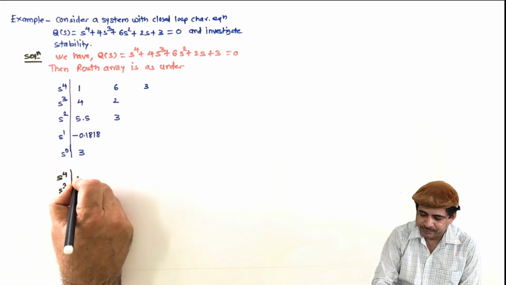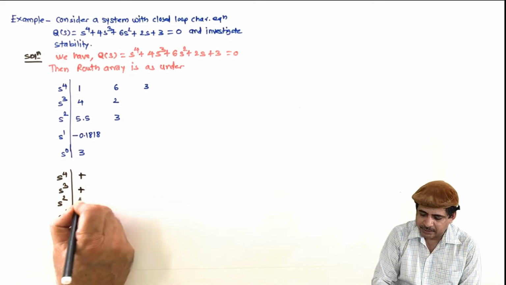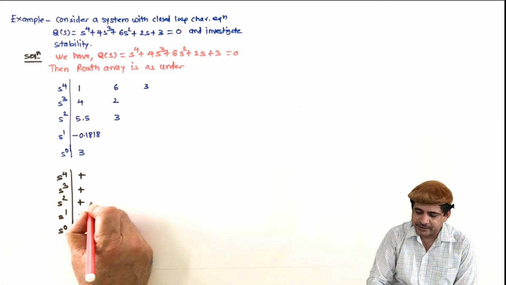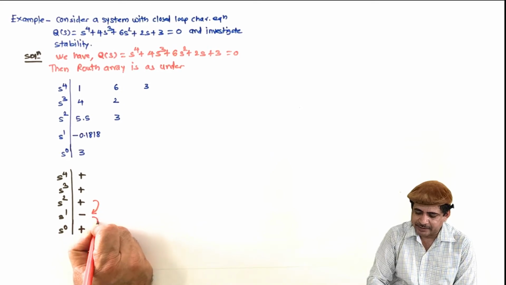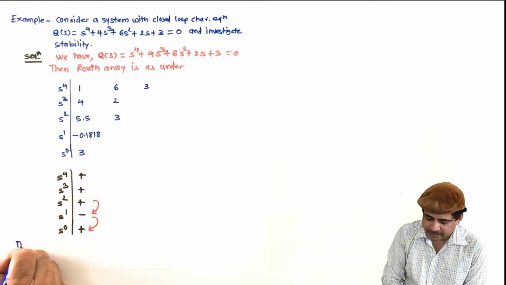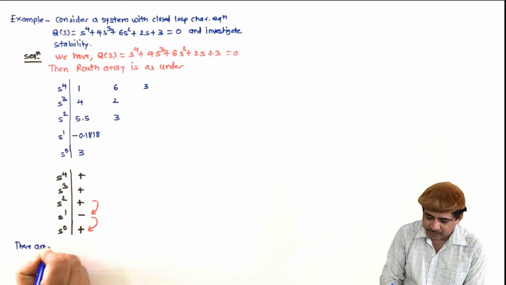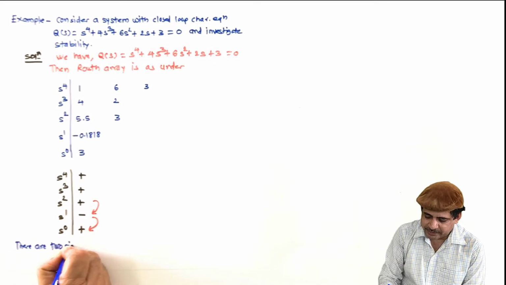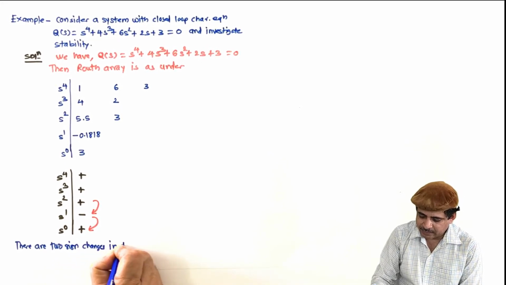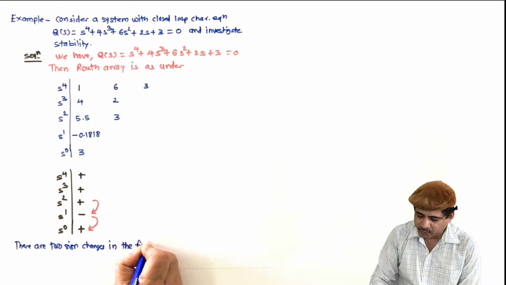Plus, plus, plus, minus, plus. So there is the first change here and the second change from negative to positive. That means there are 2 sign changes in the first column of the Routh array.